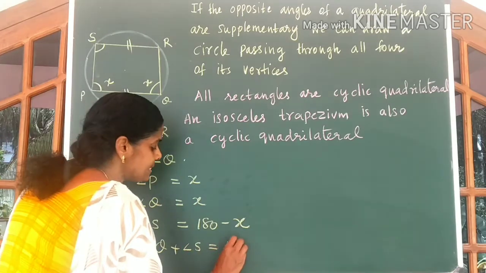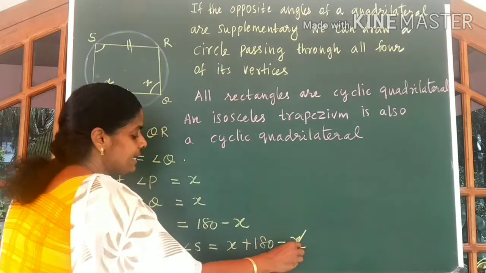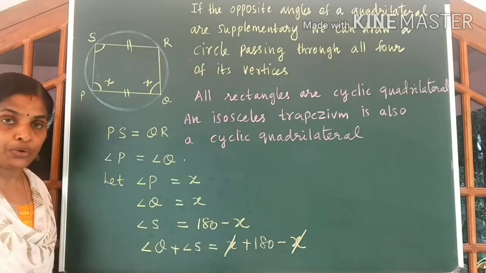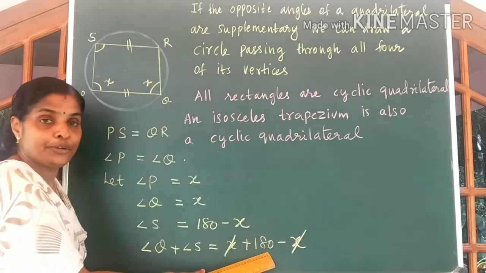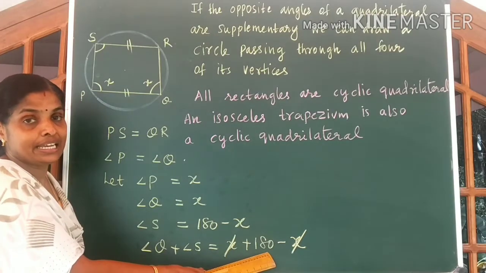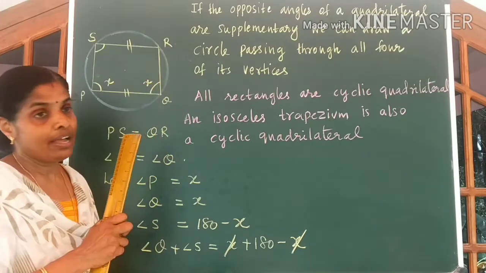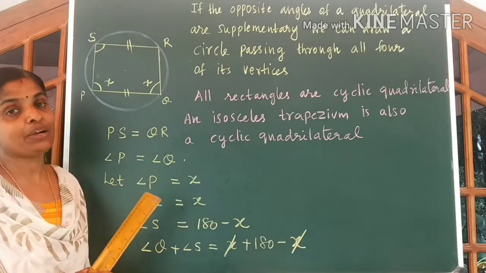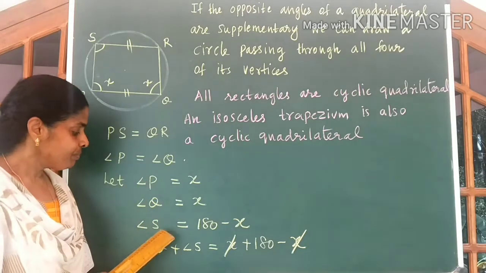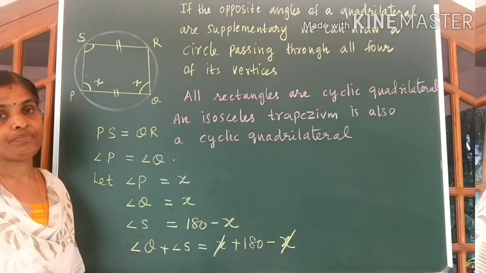Angle Q is X plus 180 minus X. X and X cancel, so you get the sum of opposite angles equal to 180 degrees. So what can you say about this PQRS? Isosceles trapezium PQRS is a cyclic quadrilateral since the sum of opposite angles is supplementary.